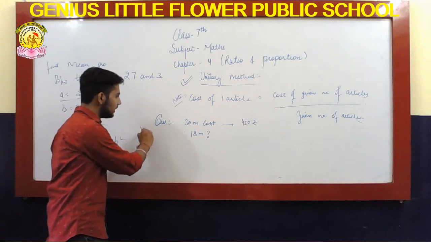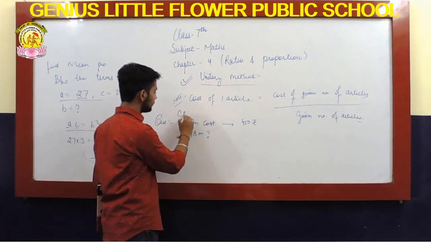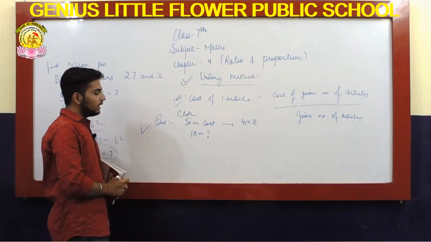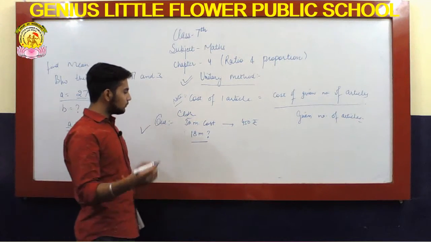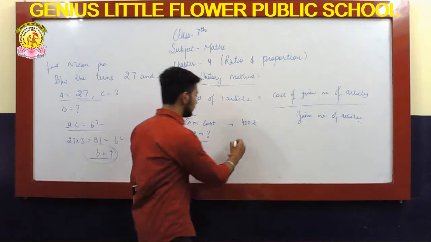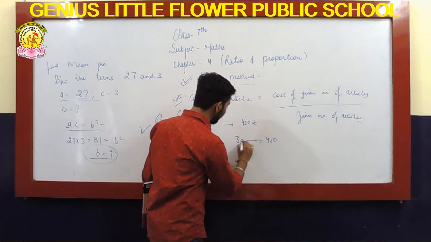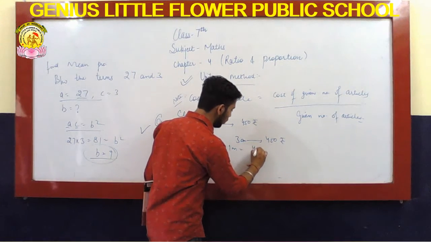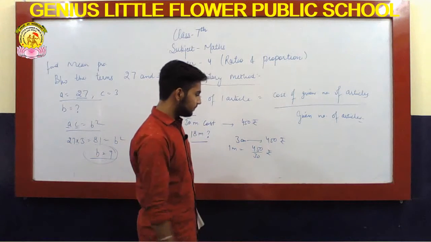Our first question is, if 30 meter cloth costs 450, then how much will 18 meter cost? So we have to find first for 1 meter of cloth. 30 meter costs 450, so 1 meter costs 450 by 30. Everyone is getting this?